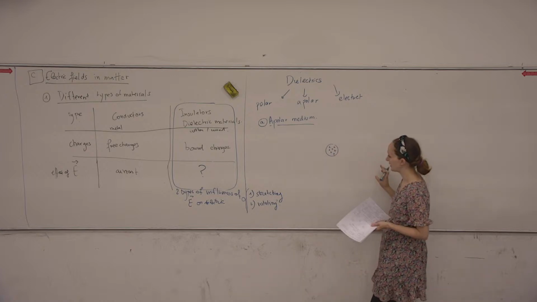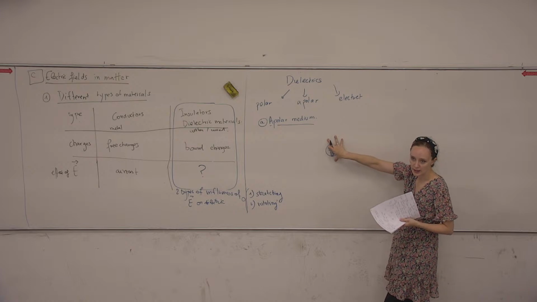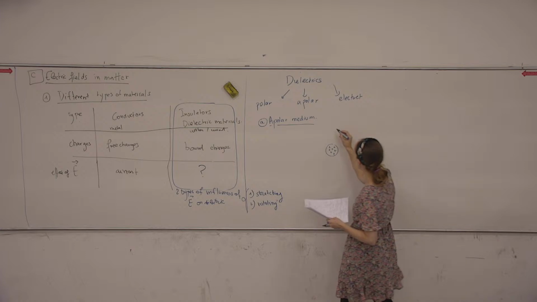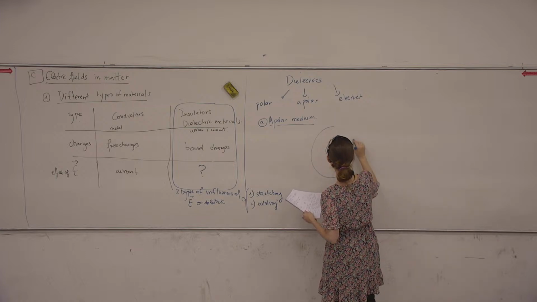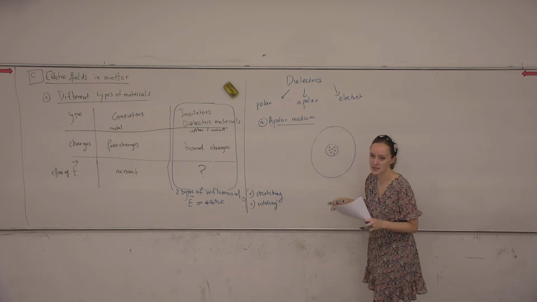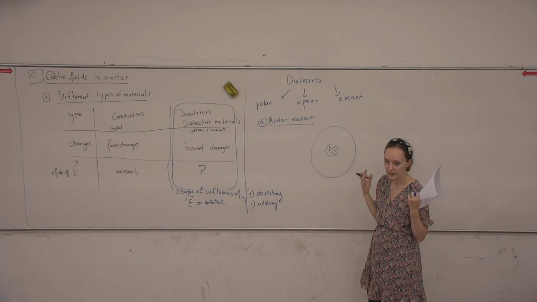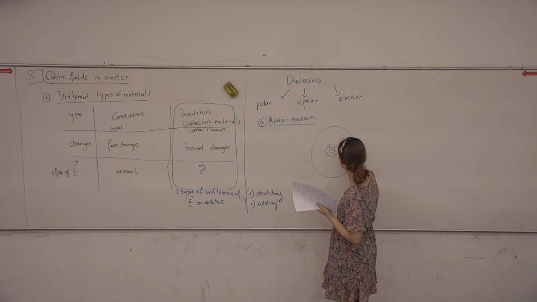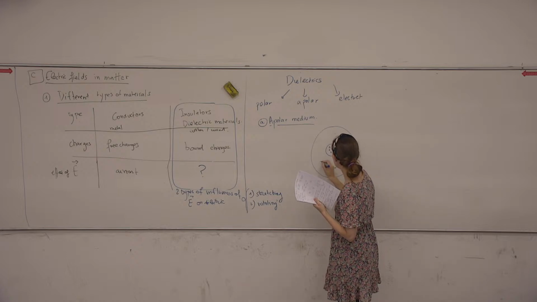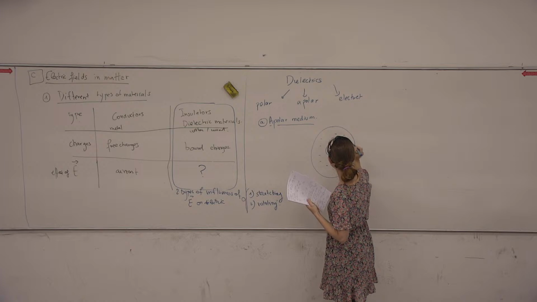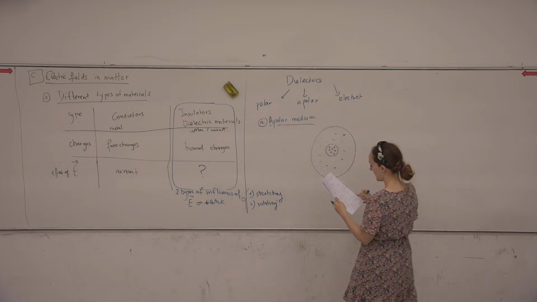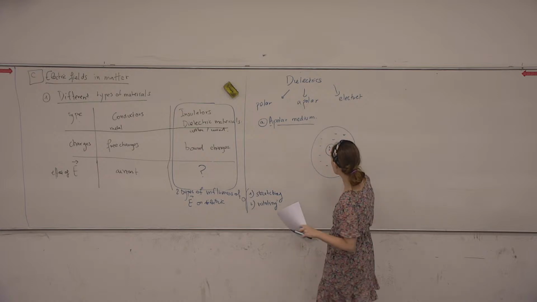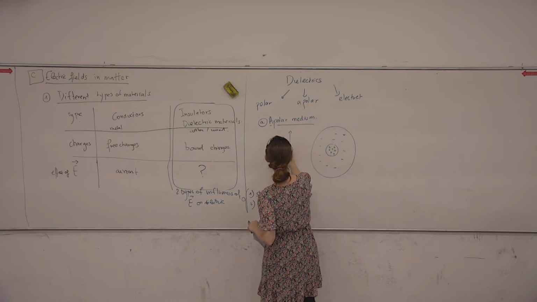When I have an atom, I have a nucleus with positive charges, okay? And I can model the electrons as a cloud of uniformly negative charge, okay? Very simplistic model.